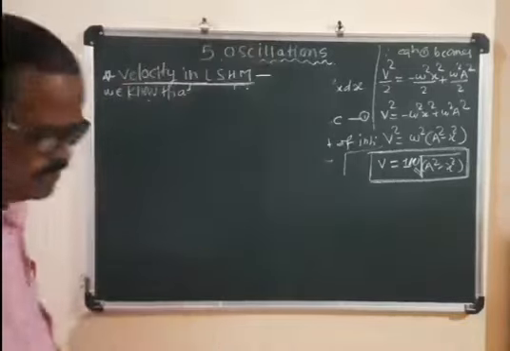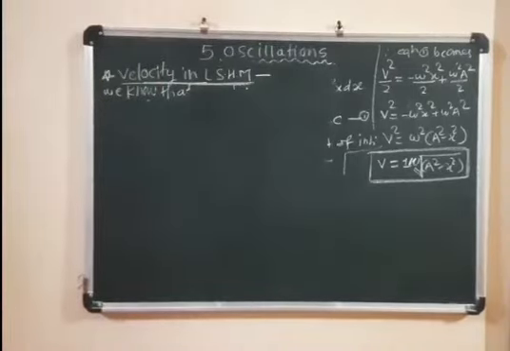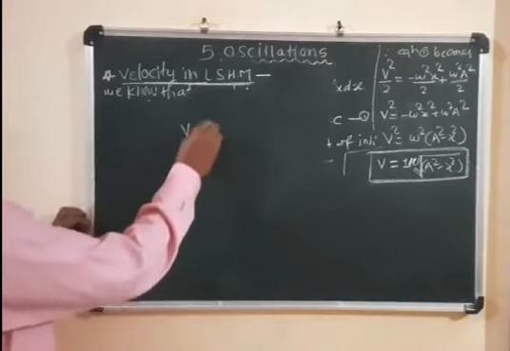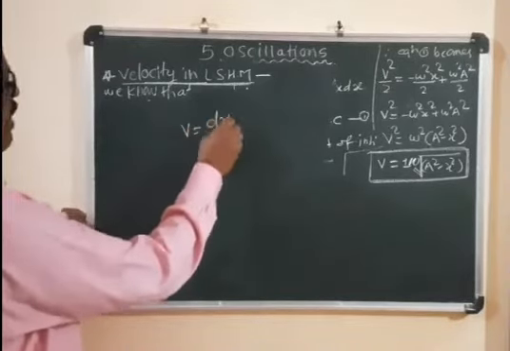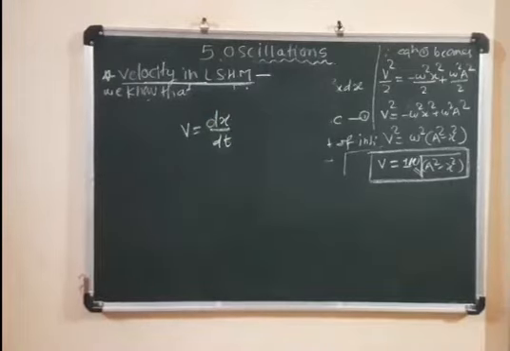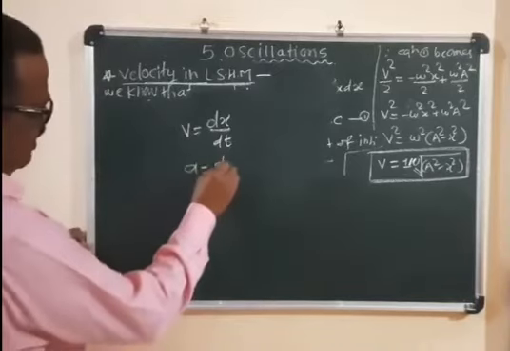Here we know that the velocity of particle is given by the formula v is equal to dx by dt, and acceleration is given by the formula a is equal to dv by dt.